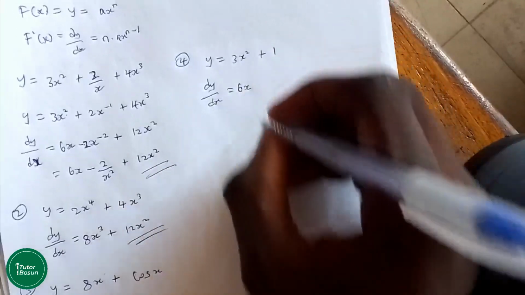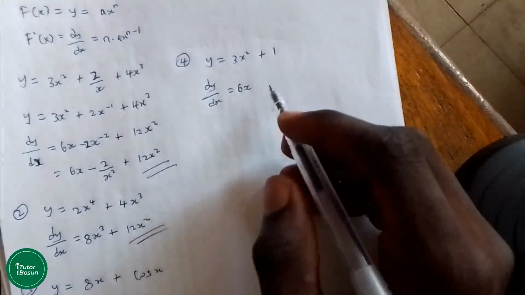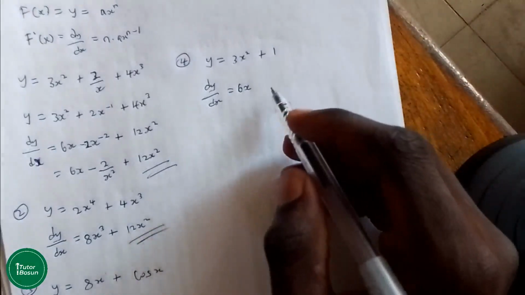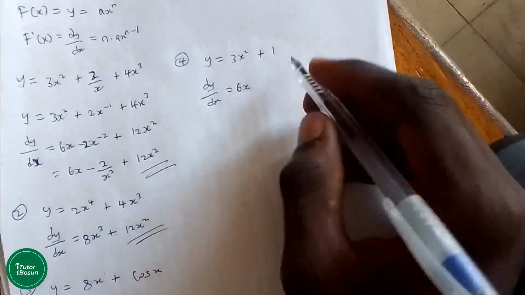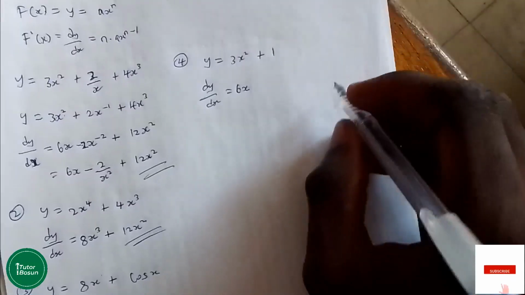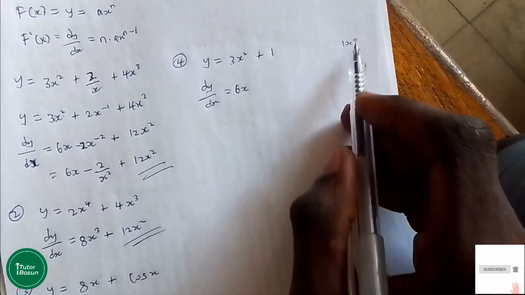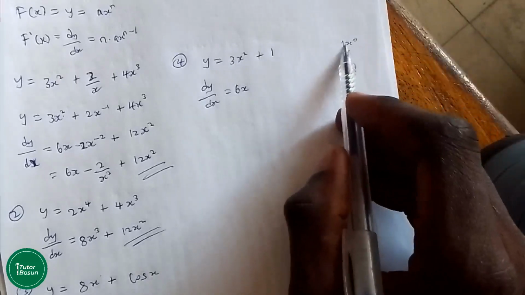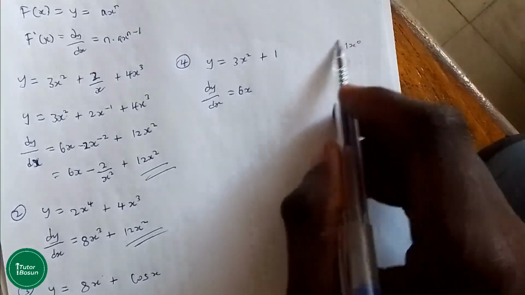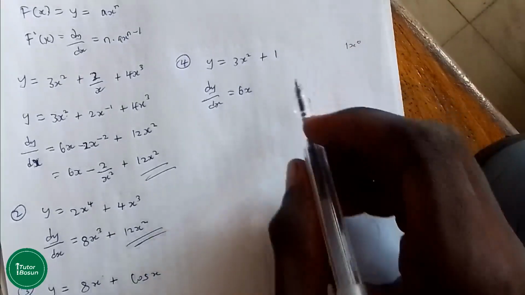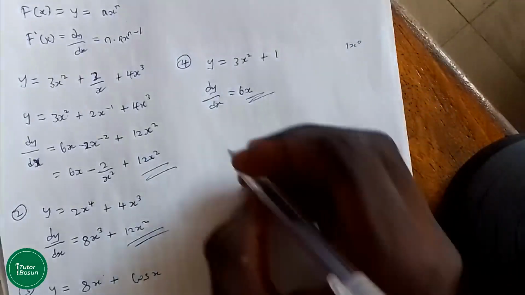This becomes 6x automatically. And we all know that the first derivative of a constant is always 0. And why is it 0? Because this is something like 1 times x raised to power 0. Since x raised to power 0 is 1, then if you now multiply by 0, it makes everything automatically 0. So the final answer of this is 6x.